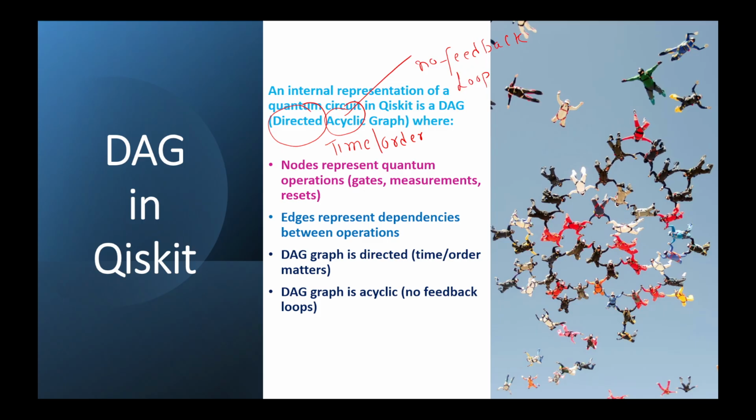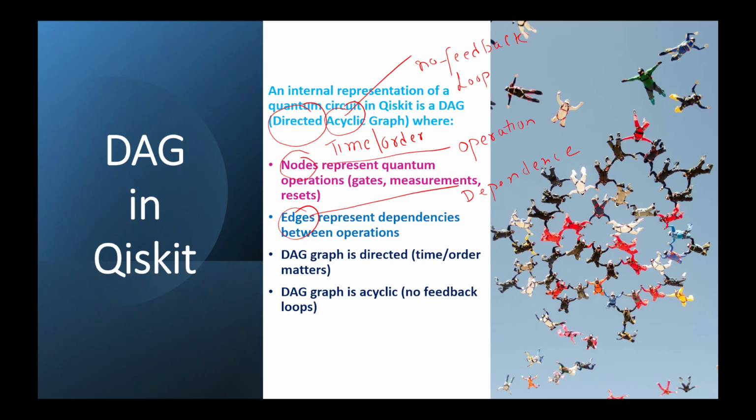In this DAG graph we have two things. One is the node, which represents a quantum operation, so every node performs some operation. The other is the edge, which is used for dependencies between two operations.